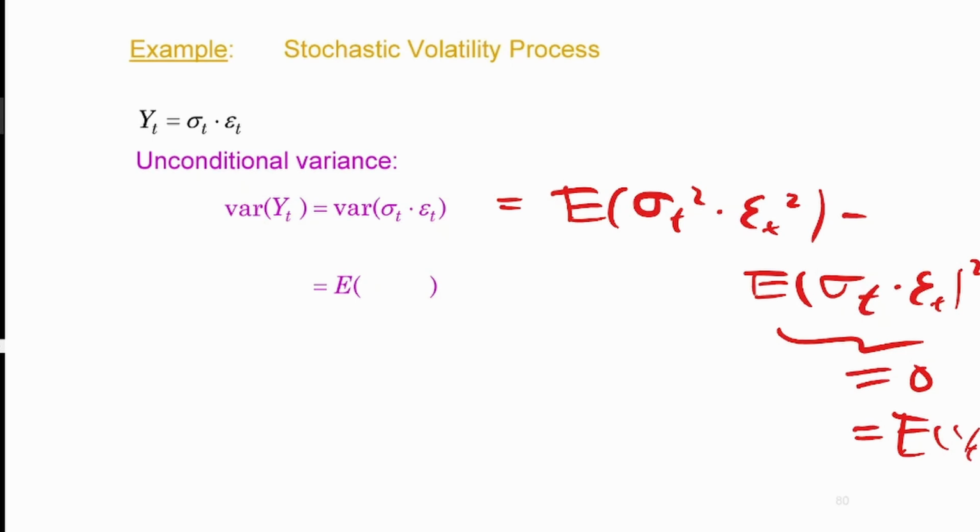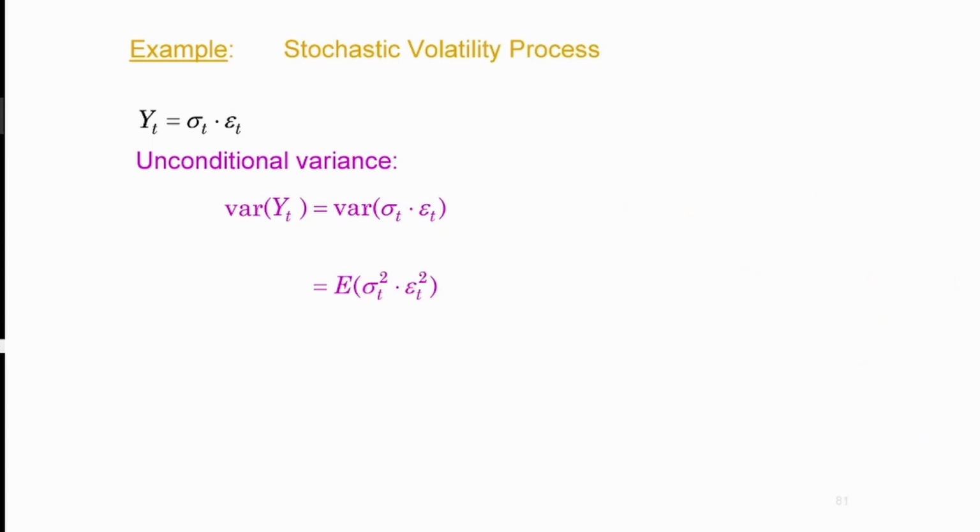So that means that the variance of the process is equal to the expectation of the square, or the mean of the squares basically. Then subtract the square of the mean, but the mean is 0, so its square is also going to be 0.